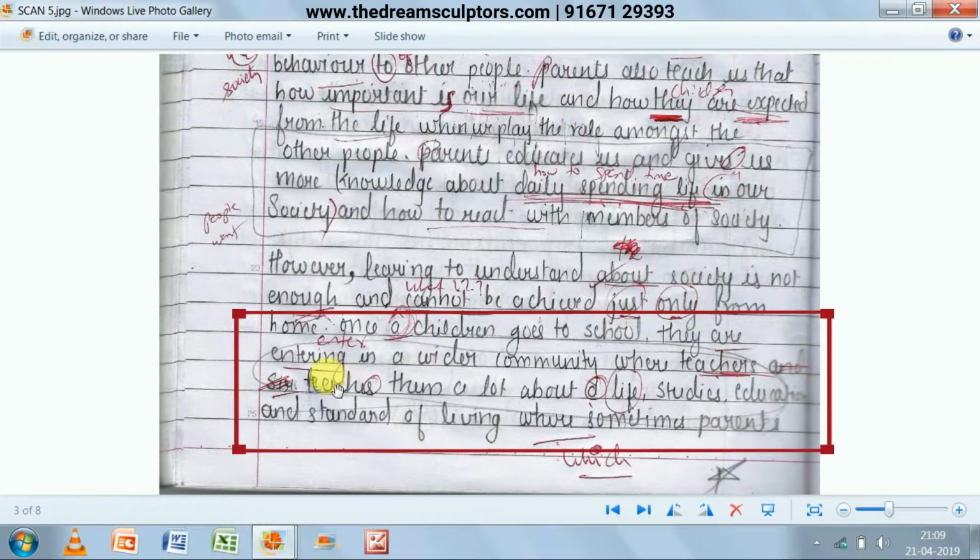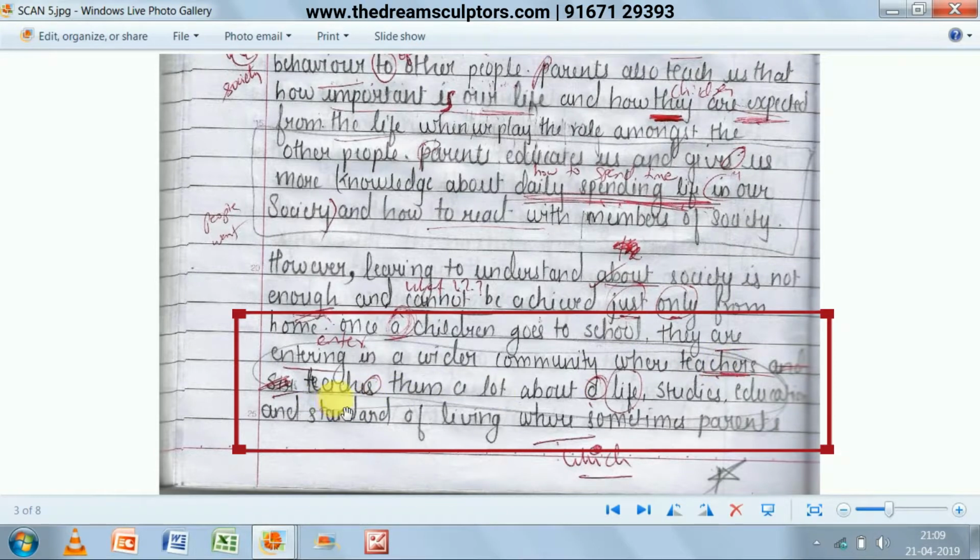They are entering in a wider community where teachers teach them. What she's written is teachers teaches them. The problem with teaches is that it is not agreeing with the subject, which is teachers. Because teachers is plural, this has to be plural as well, so it will be teach.